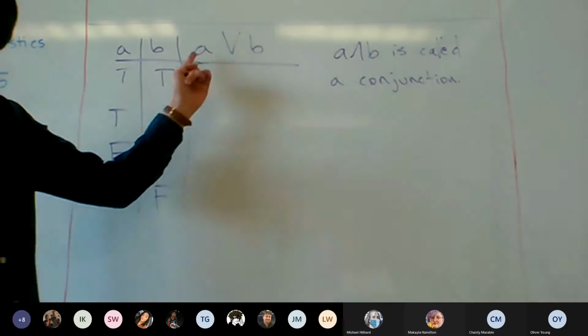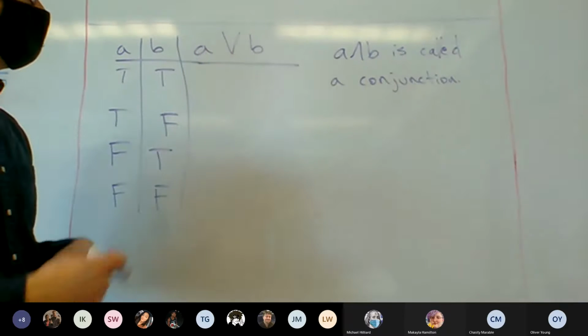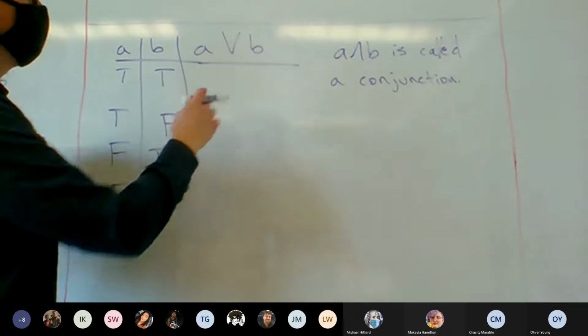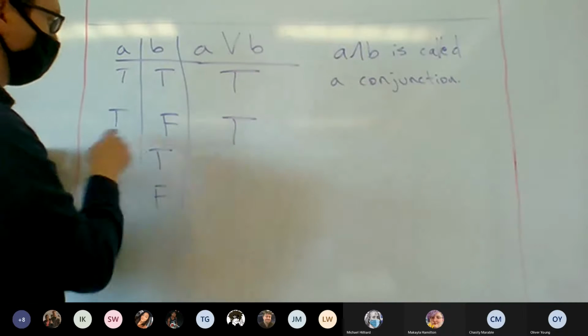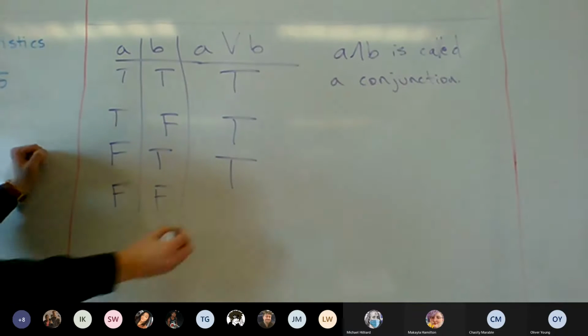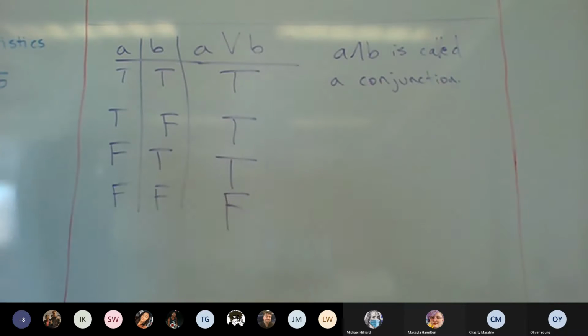Okay, so we recall that this is read as A or B, and if you check your notes from Monday, you'll remember that these are true as long as one of the inputs is true, but false in the last case where both of the inputs are false.